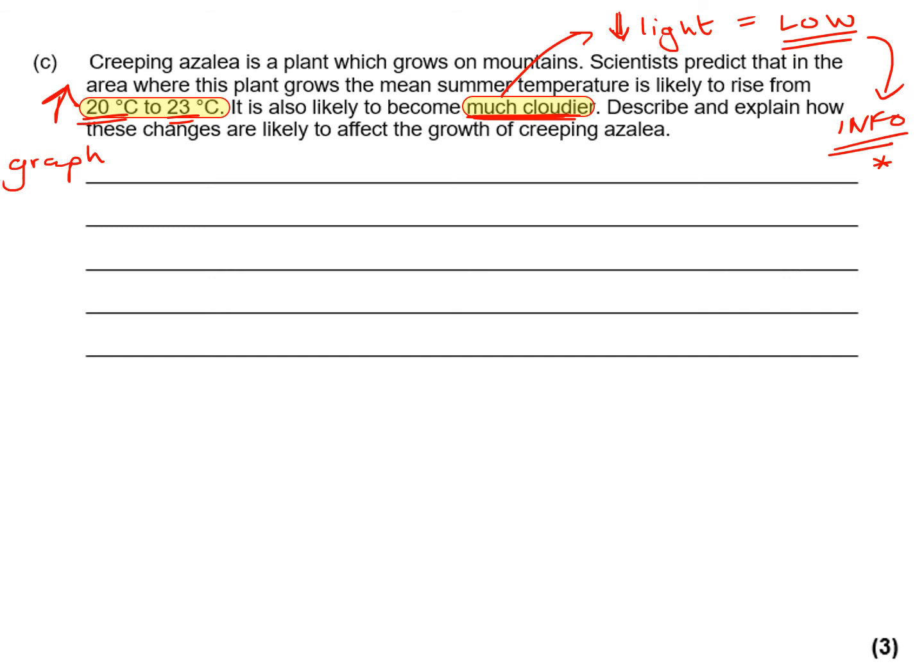Now the question says, and this is really important, describe and explain how these changes are likely to affect the growth of creeping azalea. So the first point is going to say, do these conditions either increase or decrease the growth? So you've got to select which one you think it is, and then you can explain it using the data from the graph.